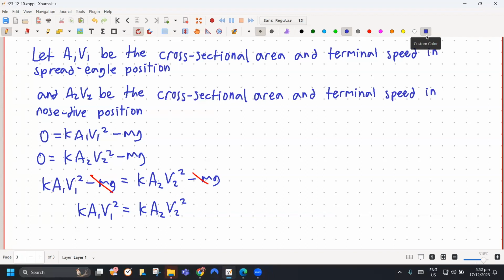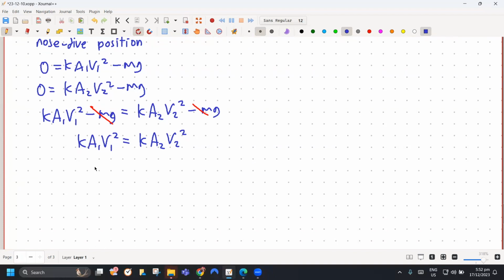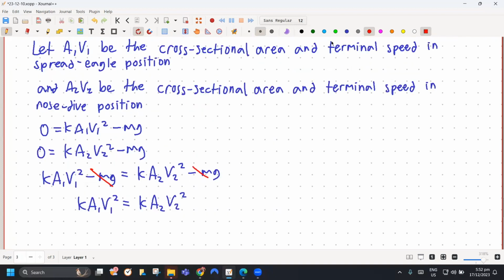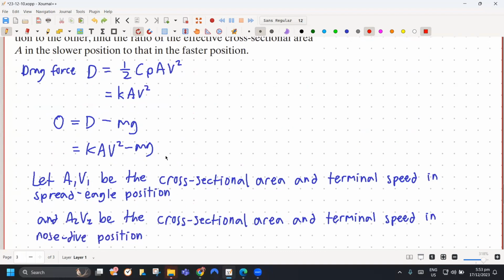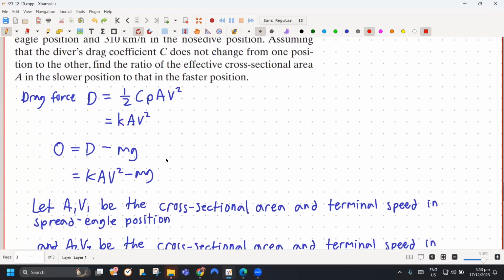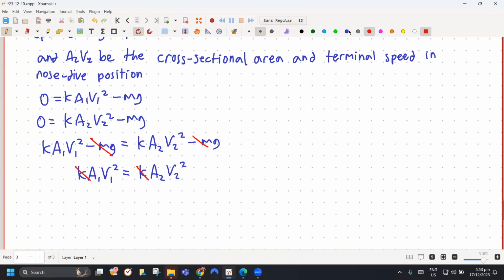Okay, so from there, first, the k cancels, right? We don't need it. And then we can write down A1 over A2 as follows. So from there, you should be able to solve the problem.